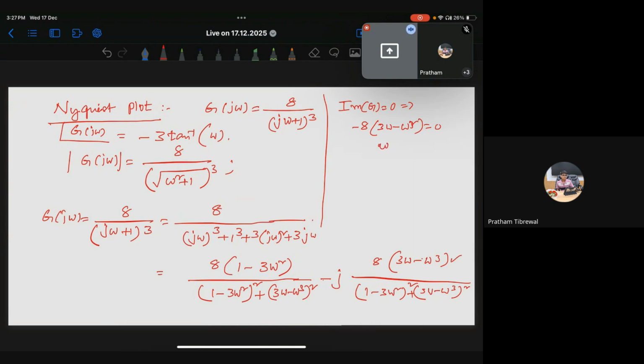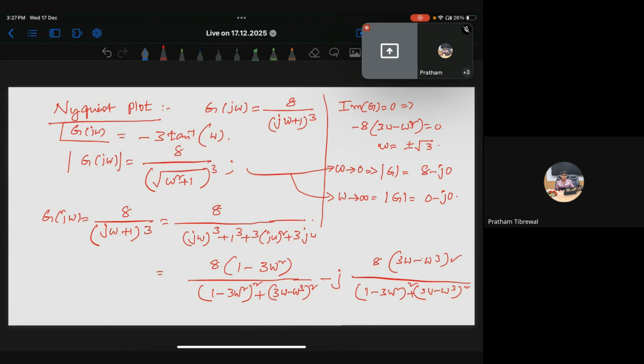That means omega is equal to plus or minus root 3. Now, if omega tends to 0, mod G becomes 8 minus j0. And as omega tends to infinity, mod G becomes 0 minus j0.